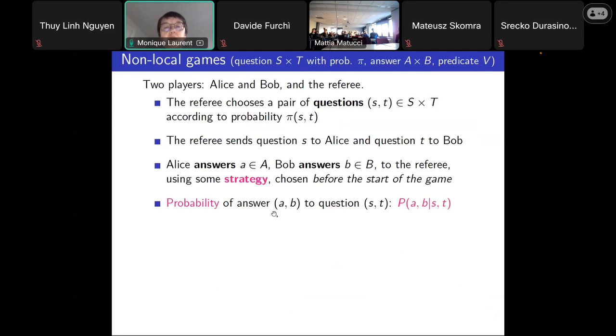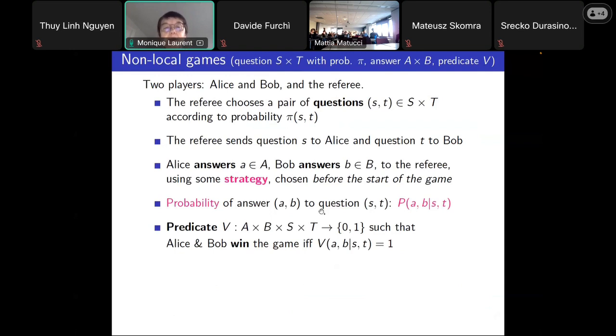Then there is a certain probability of getting answers A, B to questions S, T. Let's call it P of AB given ST. First, there is a predicate V, which is a function that maps a quadruple of answers A, B and questions S, T to a number 0 or 1. 0 means failure, 1 means winning. Alice and Bob win the game only when their combination of answers to the questions has predicate value 1. So 1 indicates that they have answered correctly to their questions, while 0 indicates that they have answered wrongly.